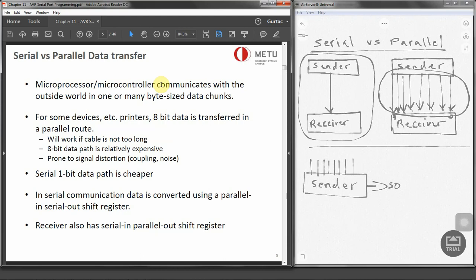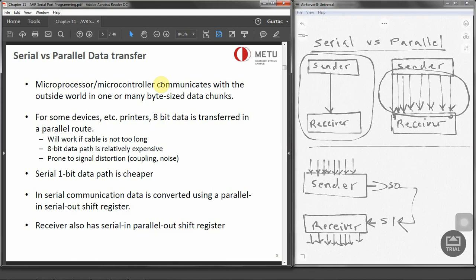And on the other side, we need to have a serial-in, parallel-out shift register. So that's how we can actually use serial communication between the devices. This is really important.